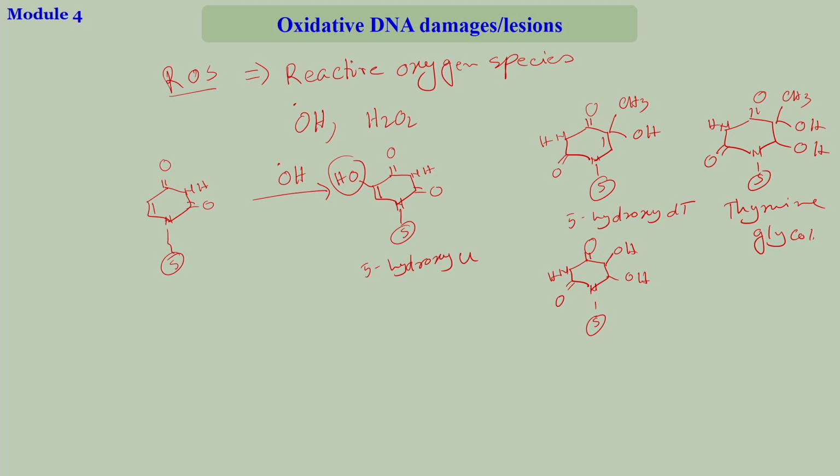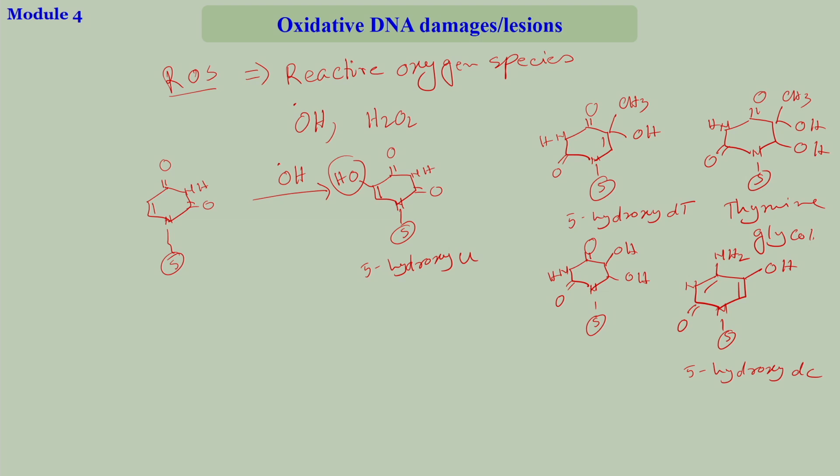This is uracil glycol. Cytosine, I am drawing for the pyrimidine bases first, then I will go to the purine. This is 5-hydroxycytosine.